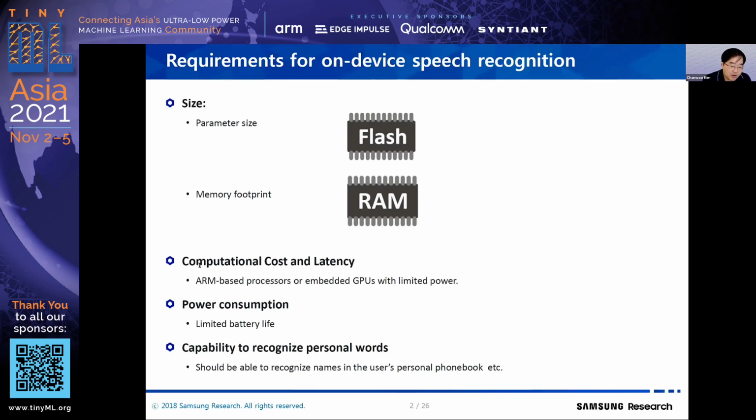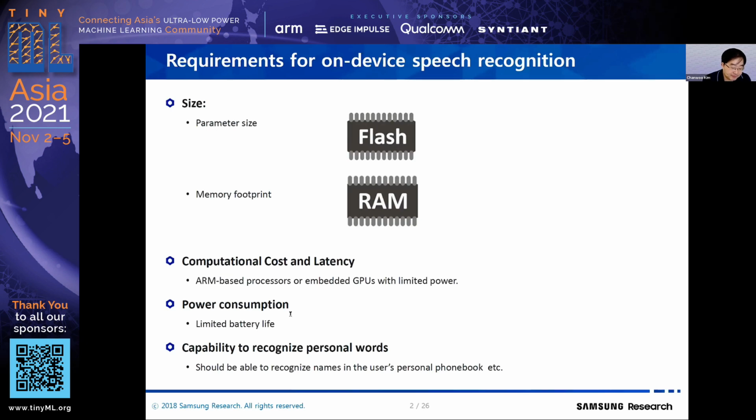For commercial speech recognition systems, we usually want to keep the latency less than 200 milliseconds, which means that if the user finishes speaking an utterance, we expect the recognized sentence to appear within 200 milliseconds. And on-device speech recognition systems, usually for mobile phones, are powered by a battery, so we also need to care about the power consumption issue.